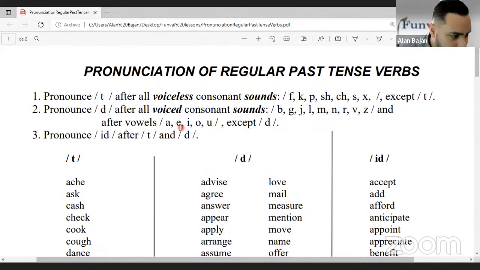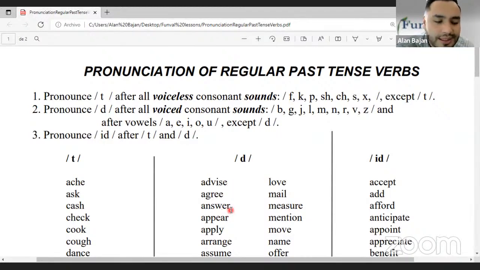Agree. So it's agreed. Advise, advised. Ese es el sonido de los verbos en pasado. Sonido de la T. Ask, asked. Advise, advised. Agree, agreed.